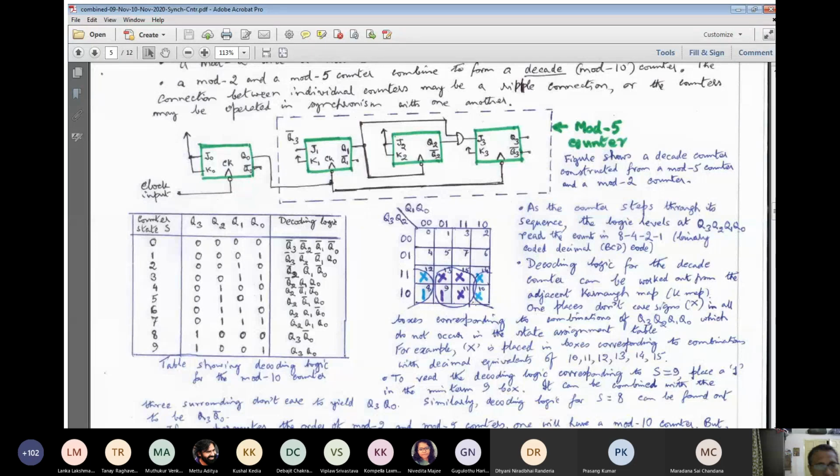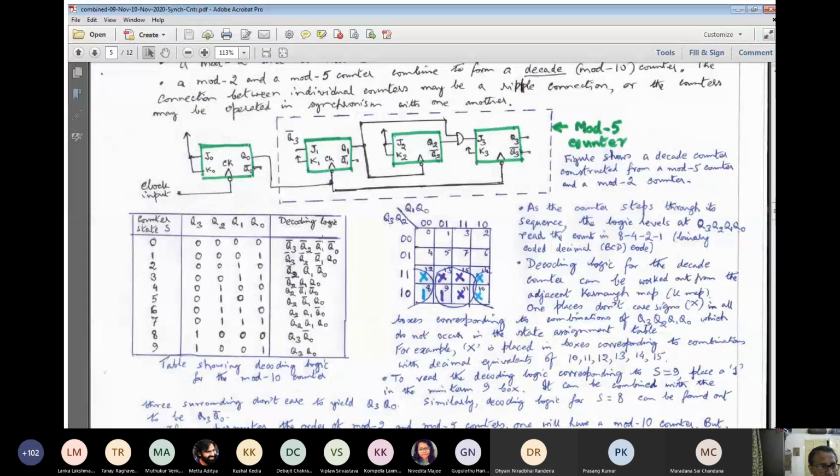However, if we write a 1 here at the top left corner, it can only be combined with this and this. However, these 2 are zeros, and this 8 is also 0. So state 0 cannot be combined with anybody, and hence we have to employ a 4 input AND gate for decoding this particular state. Similarly for 1.